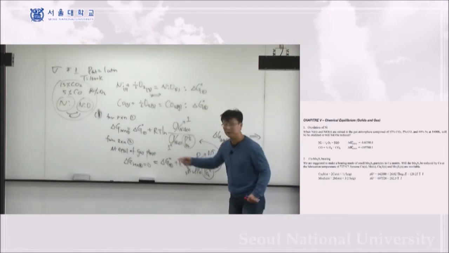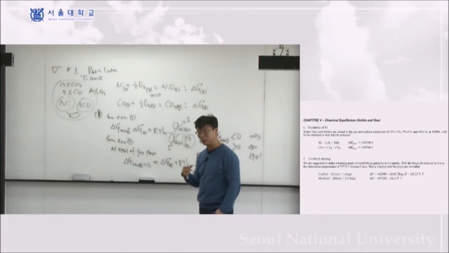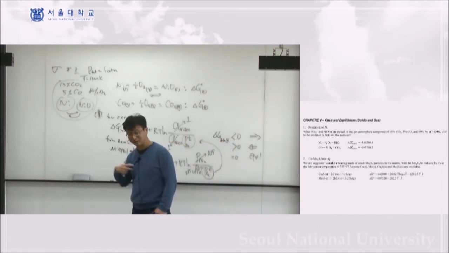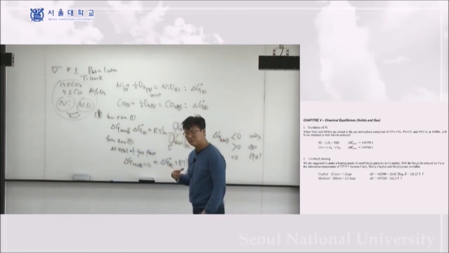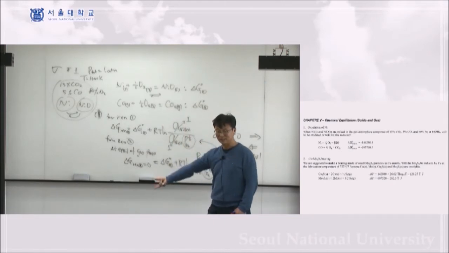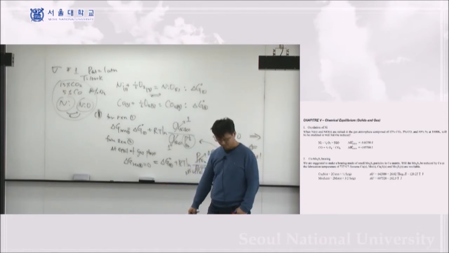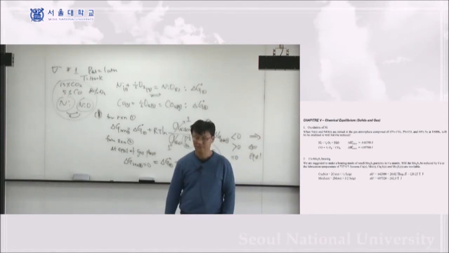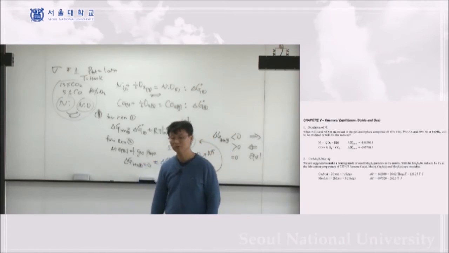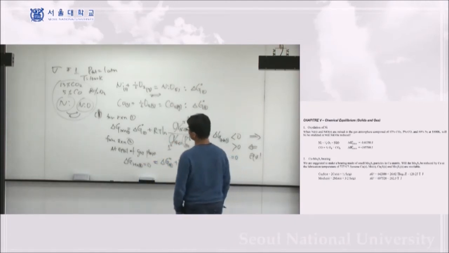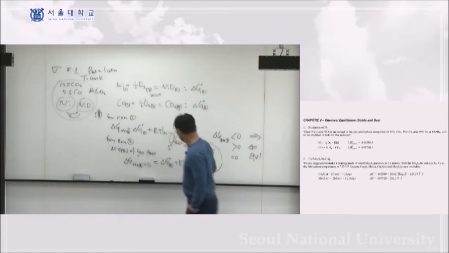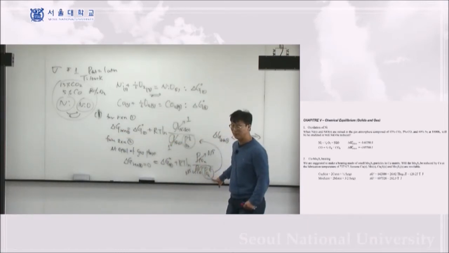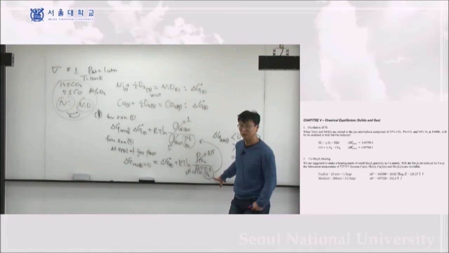Ah, yeah, of course. But we want to know whether this is going forward or backward. I'm not talking about what the final state is. When you do this chemical reaction calculation, PO2 will be very, very small, 10 to the minus 5, 10 to the minus 6, for example.